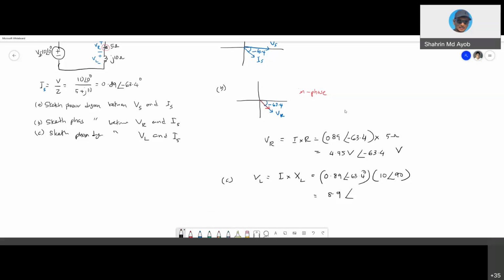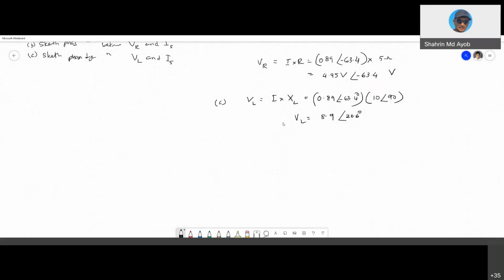So you should get 90 minus 63.4, so 26.6. That is your VL. So plot VL versus IS. Your VL is in blue color at 26.6.